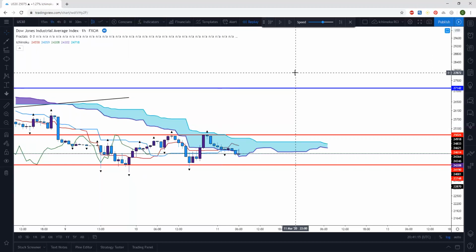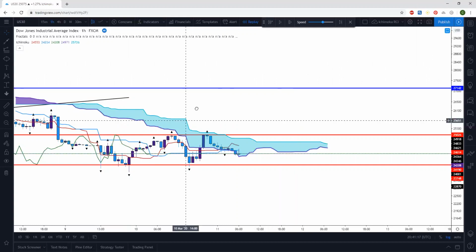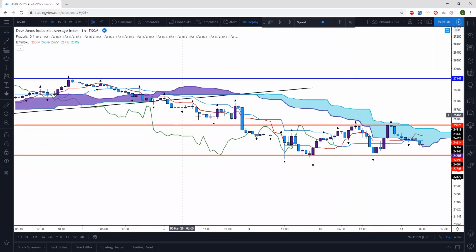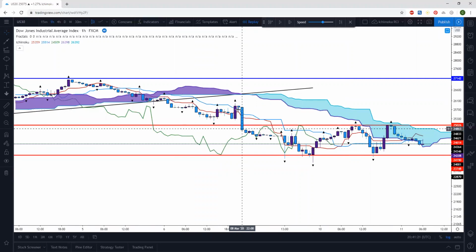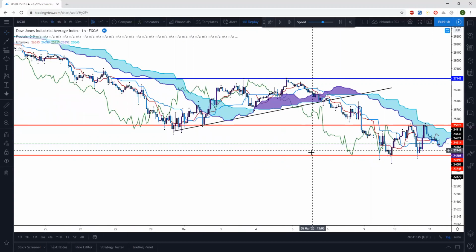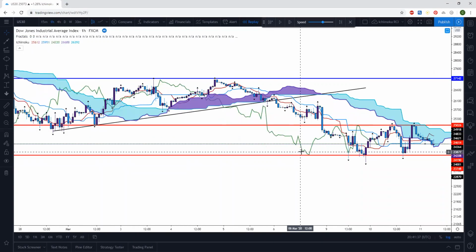If you go further back, you'll see how price action is far away from the cloud, and then it's moving up towards it. Is there any significance to that, or not really?